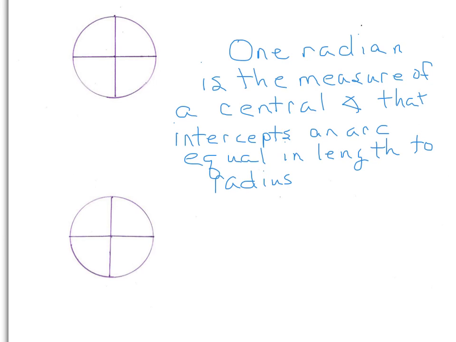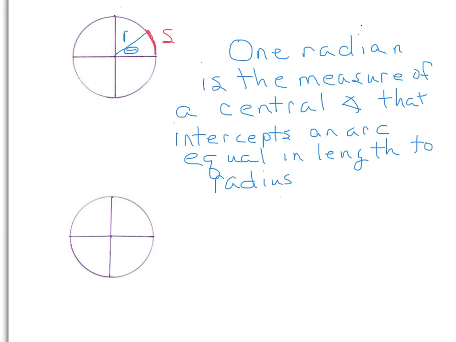Okay, an intercepted arc. If I have the radius, say here, and this is my angle theta, this is the intercepted arc, and S stands for the intercepted arc, and this would be my radius.